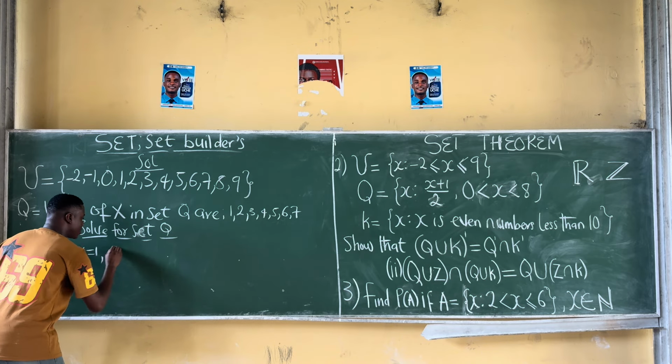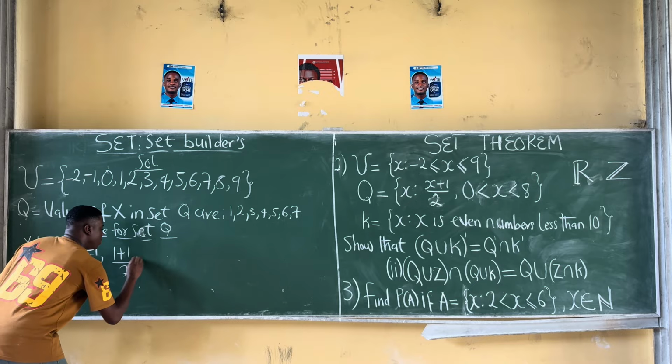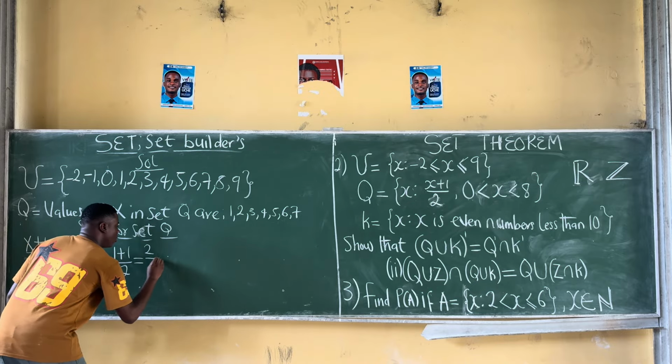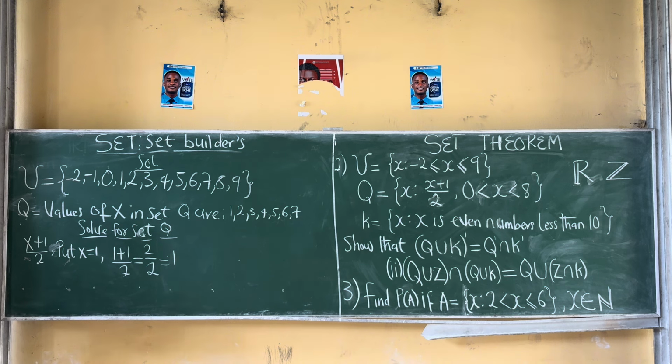Then it becomes (1 plus 1) over 2, which is equal to 2 over 2, which is equal to 1. So this is the first value for set Q, 1. Now, this is for 1. So let's go for 2.